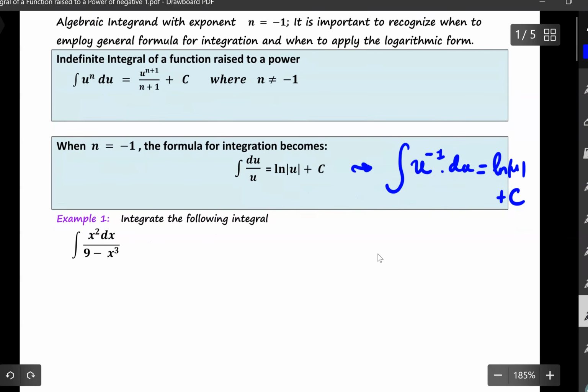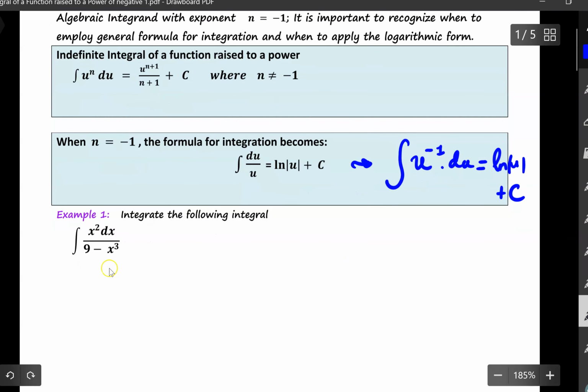So let's do a few examples. We have the integral of x squared times dx divided by 9 minus x to the exponent 3. So in this case, again, you have a function raised to a power, this function raised to the power of -1.